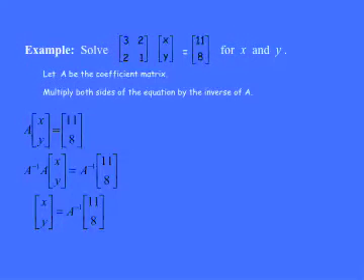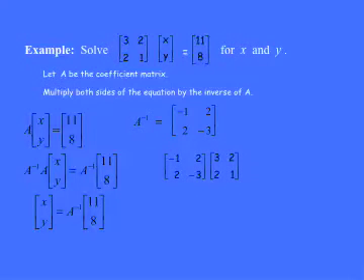So let's look at it with the numbers. First, I'm going to calculate what is the inverse of matrix A. That calculation results in -1, 2, 2, -3. So I'll multiply both sides of my matrix equation by that new matrix, or the inverse matrix.